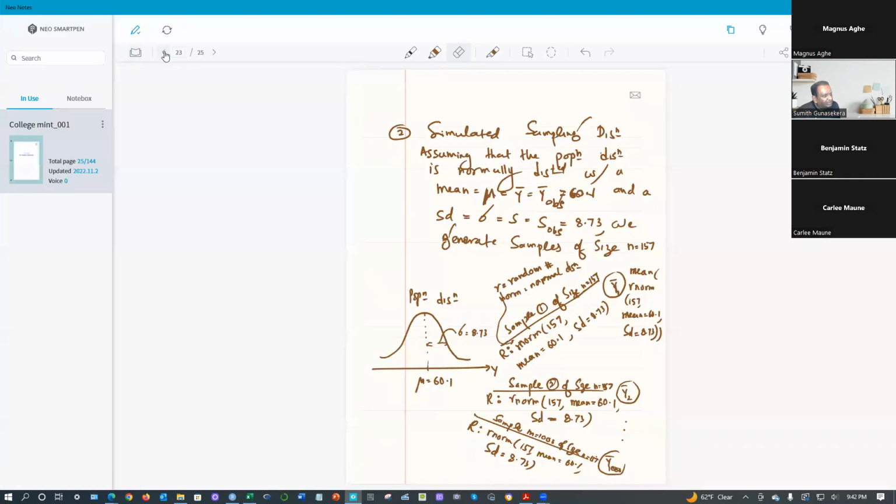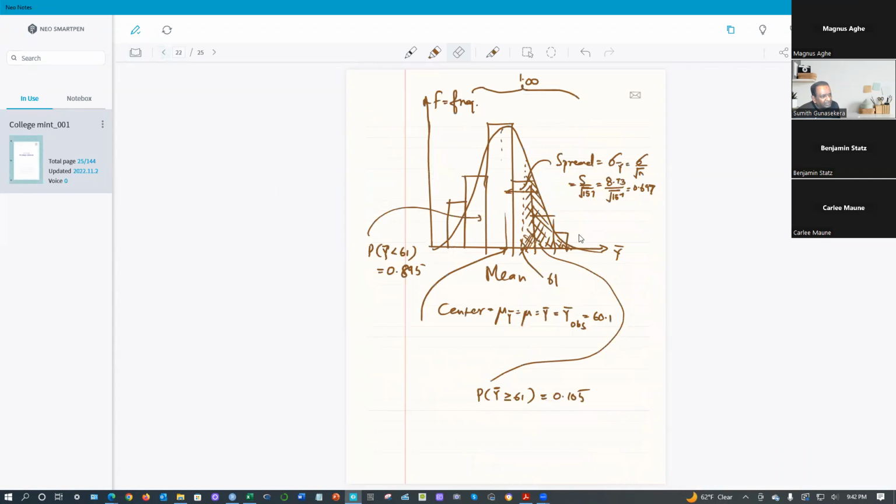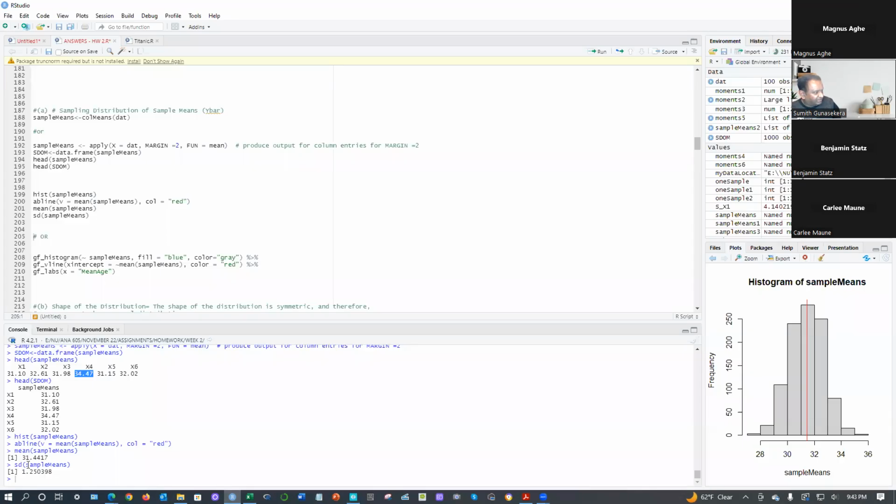You find its mean, meaning the mean of the mean, which is the center. The average of the sample means is how much here? 31.44. You can remember in the first sample, it was 31.10.